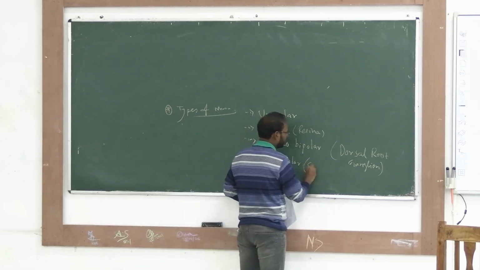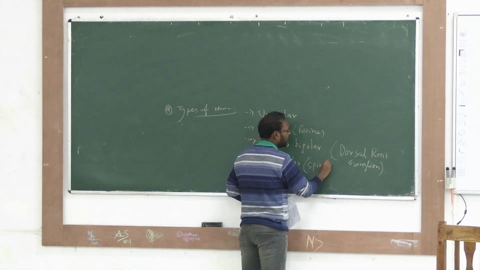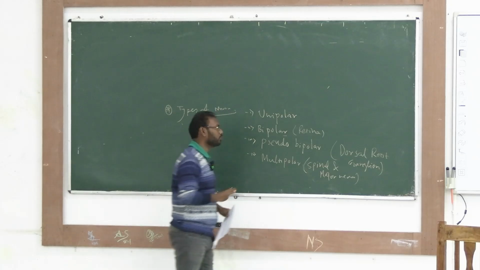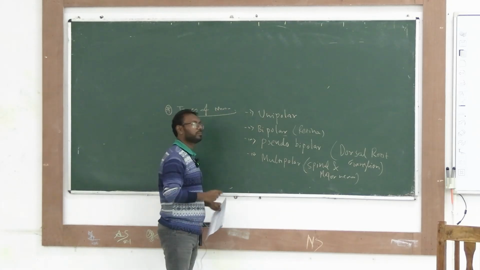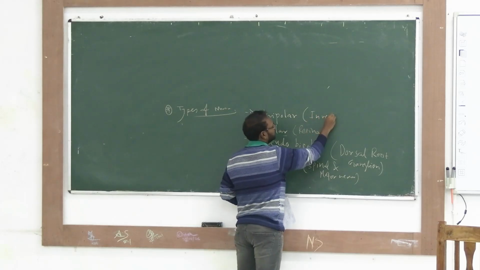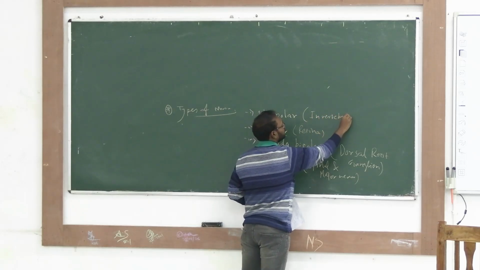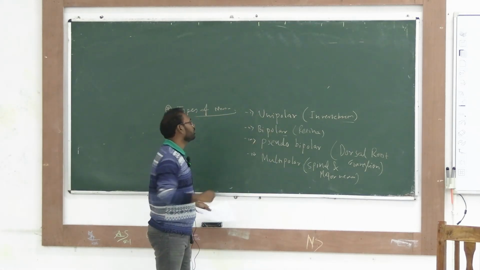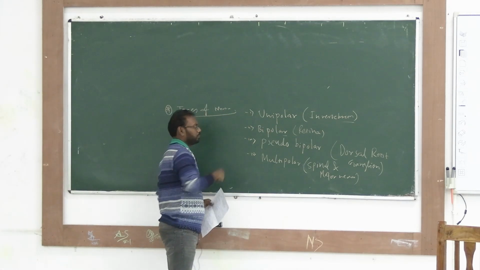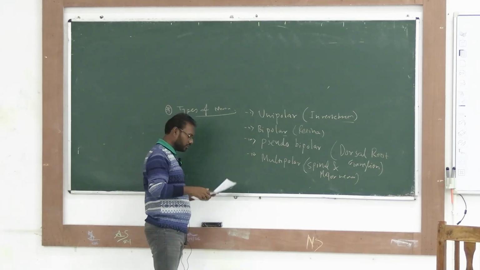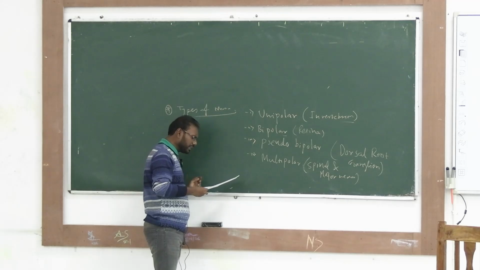Unipolar neurons are present in invertebrates. So bipolar is in the retina, pseudo bipolar is in the dorsal root ganglion, multipolar is in spinal and motor neurons, and unipolar is in invertebrates. That is the basic differentiation.